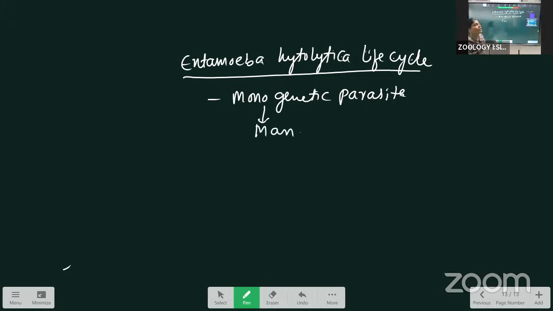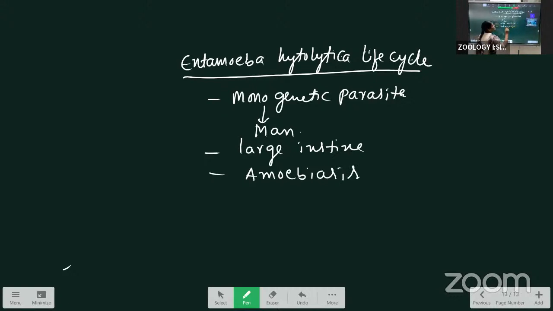Next, Entamoeba histolytica is present mainly in the walls of the large intestine in humans, and it causes amoebiasis. This amoebiasis is mainly spread by contaminated food and water.